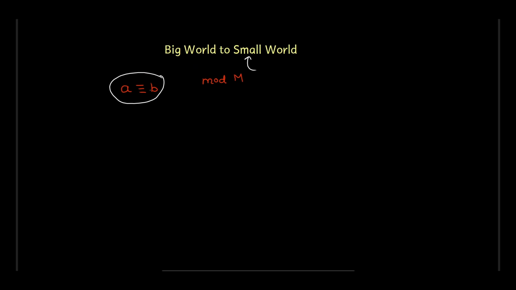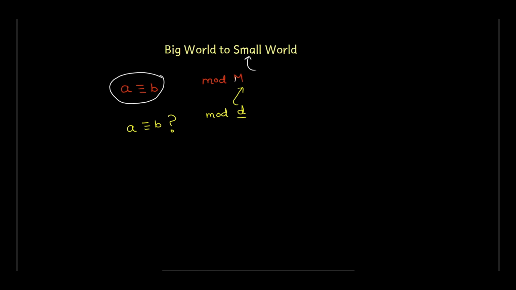So this gives us a hint that we should explore the divisors of m and see if we can infer something about the divisors. Now if a and b are equal in the modulo world of m, let's see if they will be equal in the divisor world. So will a be congruent to b modulo d, where d is a divisor of m?